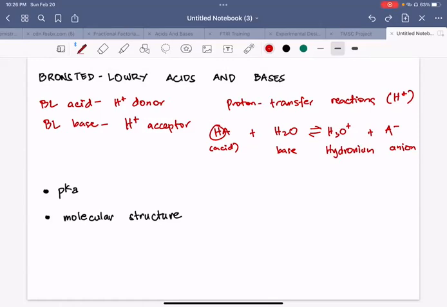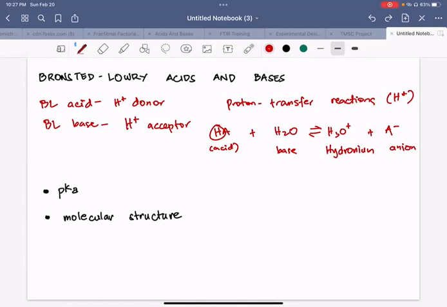So it is very important to know the acidity or basicity of a reagent. And in considering the acidity or basicity of a compound, whether inorganic or organic, there are two ways to know if a compound is acidic or not.